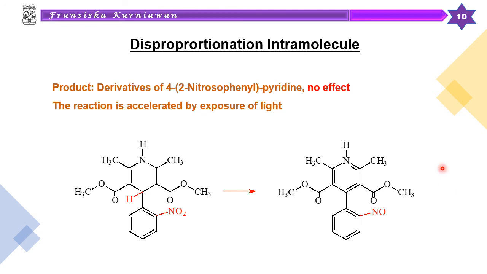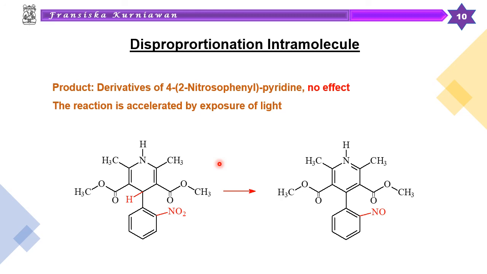So this is the structure of nifedipine in 2D, but this structure is not stable on exposure to light. So maybe you can observe with some drugs or chemicals, sometimes it's stated, please avoid light or exposure to the sun.